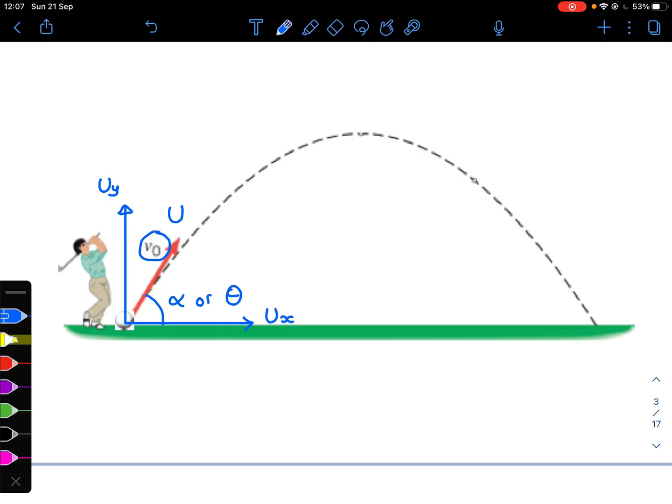So the x component and the y component of that velocity. This one will feature in our s equals ut formula to calculate horizontal displacement, and this one will feature in any of the vertical calculations that involve gravity.